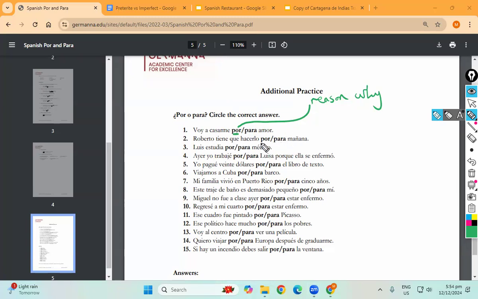When we are doing a deadline, when we have something for a certain due date or a deadline, that is para. Right? We have to finish something by a certain time, para. And if you think about it, the deadline is the destination, right?